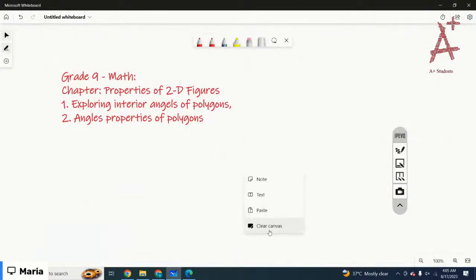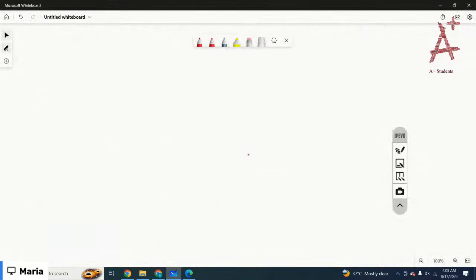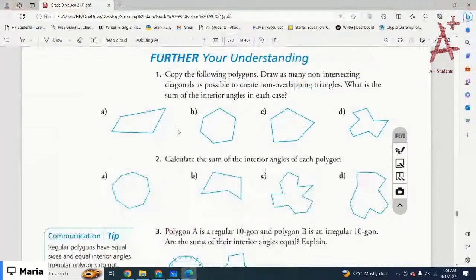You have to see how many triangles we can make in each of the polygons.